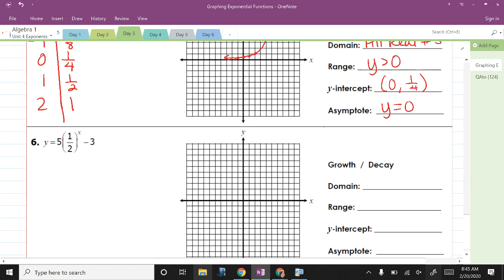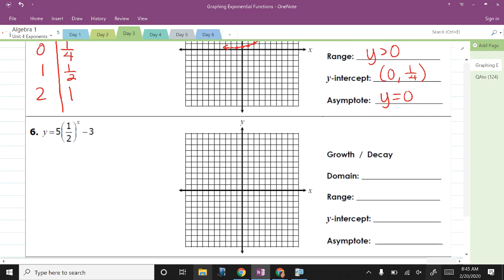Okay. Predictions, my friends. Is this our last example? Predictions. Okay, first of all, is this going to be a growth or decay? Decay, because my base is less than 1. So I'm going to go ahead and mark that. Okay. What do you think my domain's going to be? All real numbers.